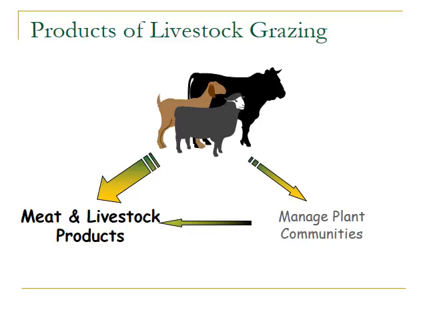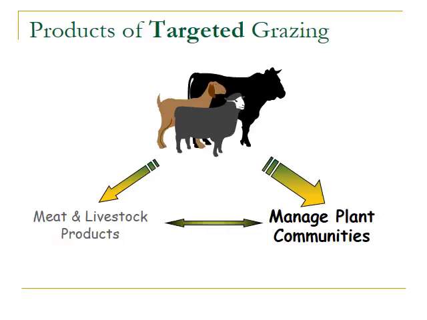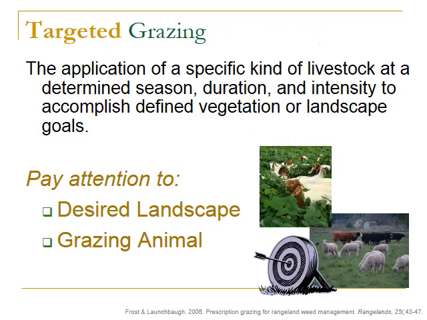Oftentimes, managing plant communities is something that is known as an effect of livestock grazing. Certainly changes in plant community are known, but it's seldom the product of livestock grazing. Targeted grazing is a shift from meat and livestock production to an emphasis on plant community management. So the first thing to do in targeted grazing is change your paradigm and your frame of reference.